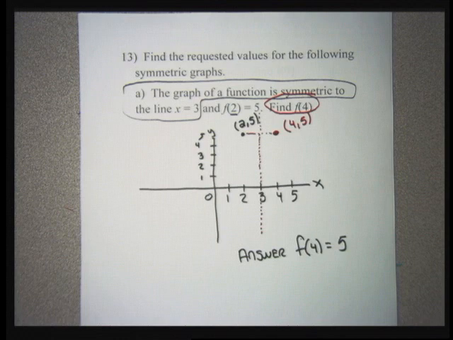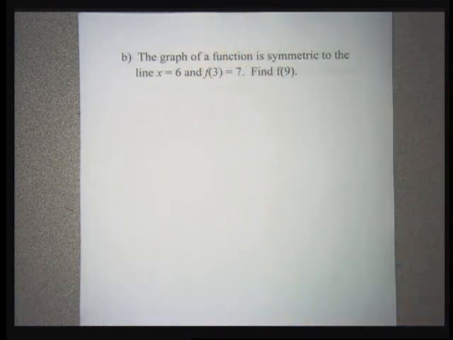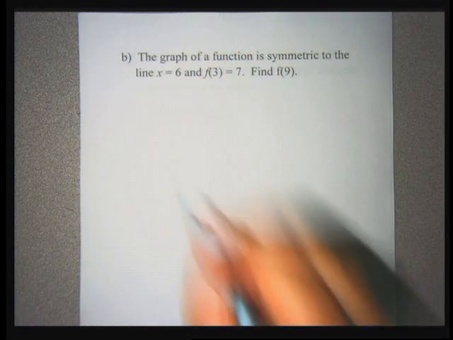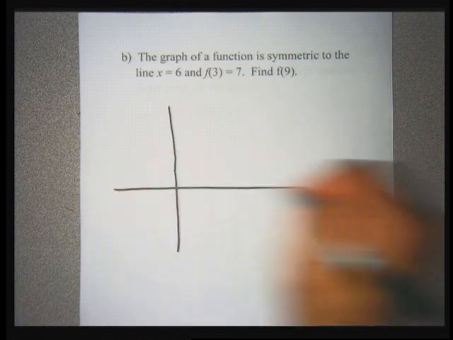13b has the exact same trick. I'm going to draw a Cartesian coordinate system, draw my line of symmetry, plot the point that's implied by the function notation, plot the point of symmetry, and that's going to give me the answer to the question. So for part B, I'm told the line of symmetry is x equal to 6.